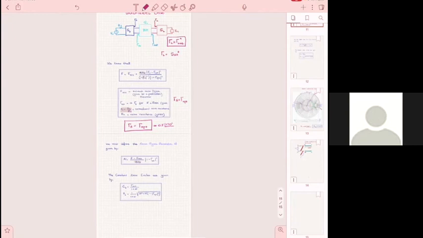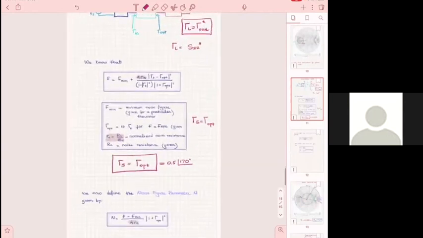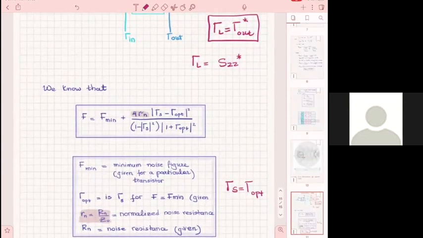And you get minimum noise when gamma S is gamma optimum, it's just one point. So you'd probably end up with a lower gain in this problem. Yes, of course.